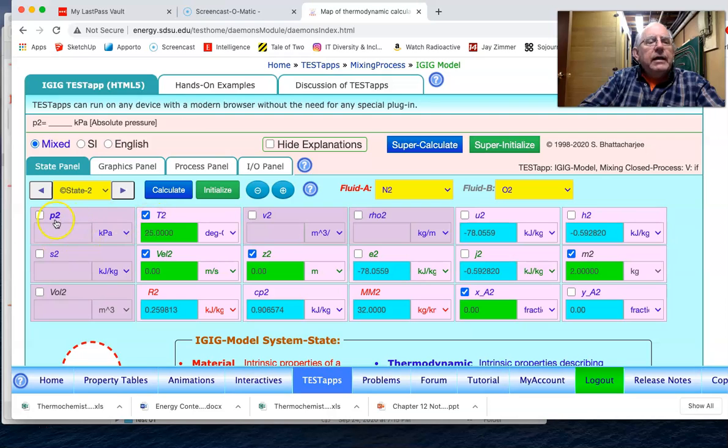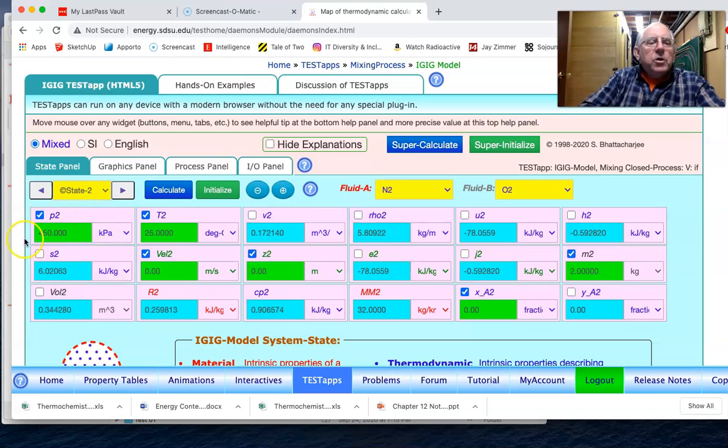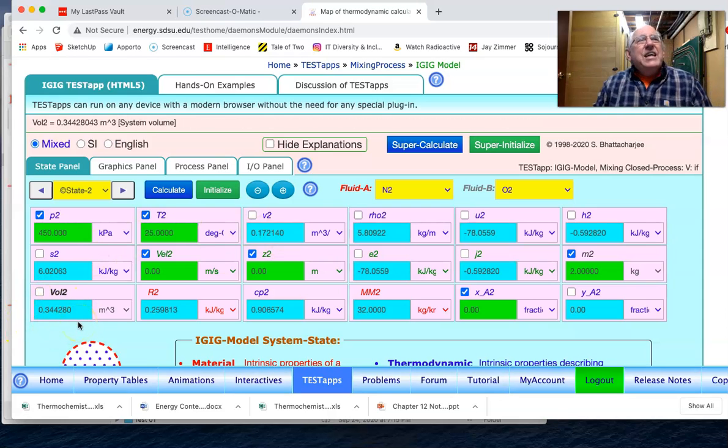And then finally, the pressure for that particular vessel is 450. Once again, with the pressure and the temperature determined, that allows us to calculate the specific volume. It's an ideal gas. We know that PV is equal to RT. And so we then have the mass and the specific volume, and it tells us what the volume of that second tank is, which originally starts with only oxygen in it.